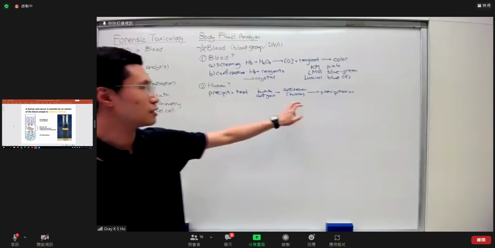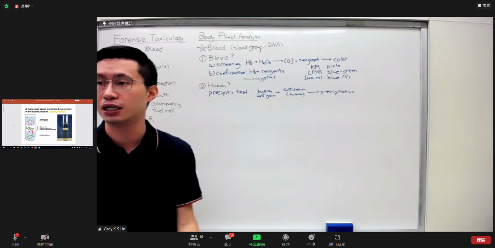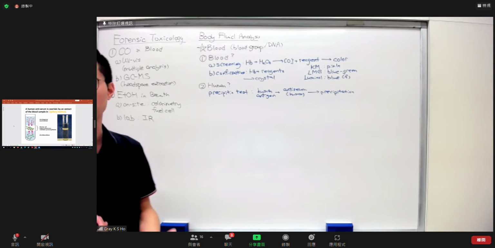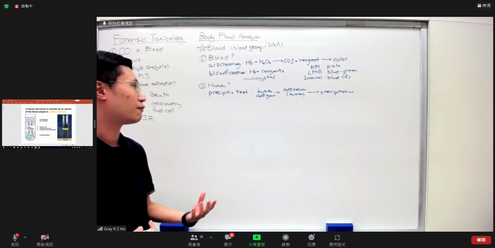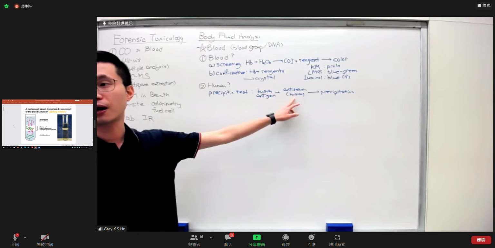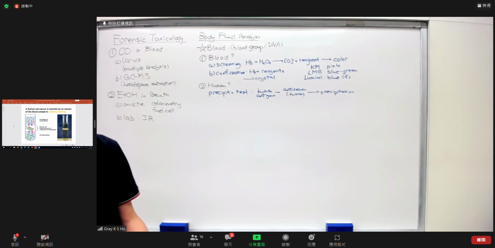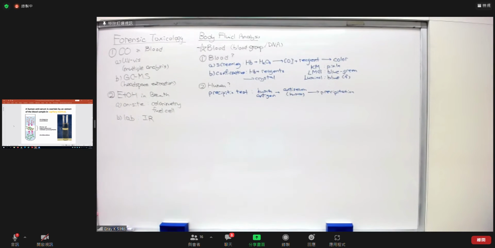If we can see the precipitation, then we know that is from human. If we have an unknown blood sample and we add in an anti-serum of cat origin, and you can see the precipitation, then you know the blood belongs to a cat. So that is somehow a trial and error process.